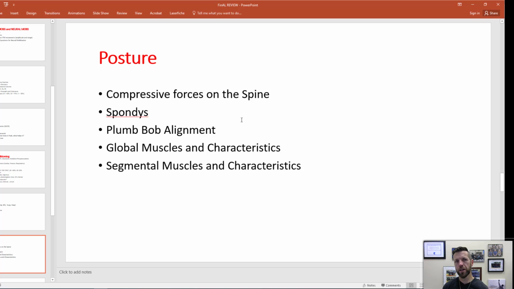What about global muscles and their characteristics? Well, remember, we really looked into some things about global muscles as well as the segmental muscles. And actually, I'm sorry, I said chapter 9. That was not true. This is in chapter 14. But one of the things that we know is that a global muscle is there as a guy wire, and it's there for big movement, and it does a lot of compressive forces over the spine.